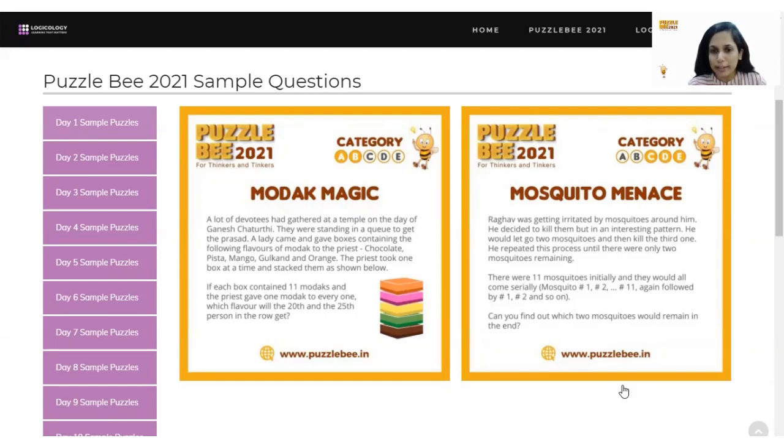Your chocolate box was at the bottom, then you had pista, mango, gulkan and finally orange. Each of these boxes contained 11 modaks, and the priest gave one modak to everyone. Now we need to find out which flavor of modak did person number 20 and person number 25 get.